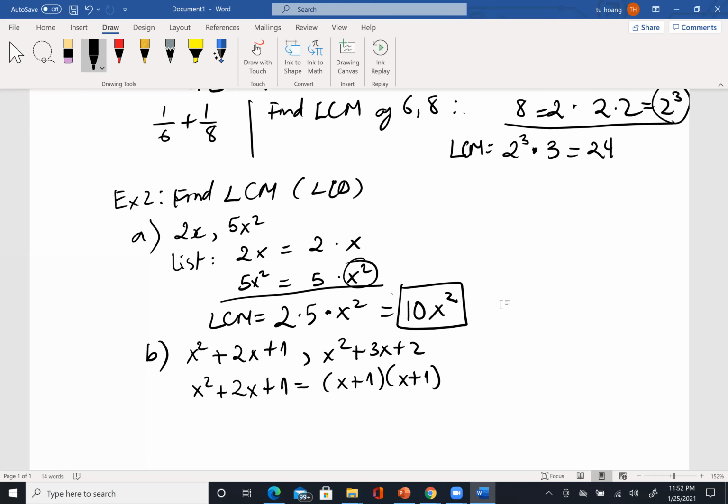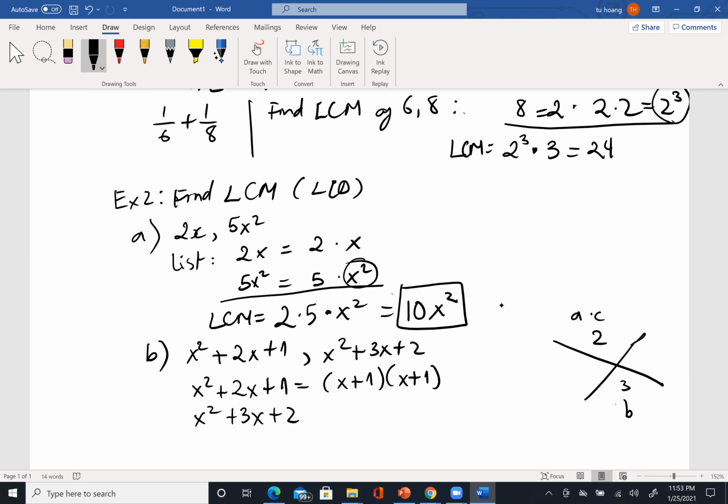And for the x squared plus 3x plus 2, you may have to use the AC method I showed you last time. Or if you still remember in chapter 6, how to factor, you know that a times c, in this case, was 1 times 2, which is 2, right? And b in here was number 3.